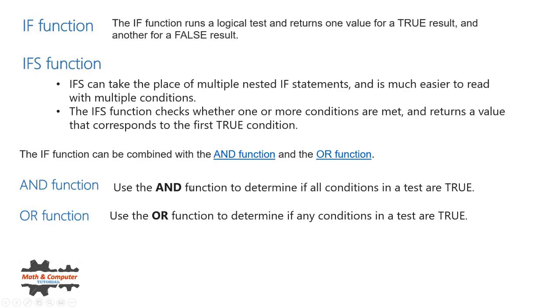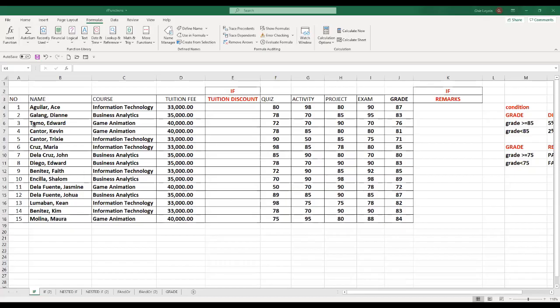Okay, so let us now apply this function using Excel data. I have my Excel data here. These are students' records. As you can see, I have two blank columns here: the tuition discount and the remarks.